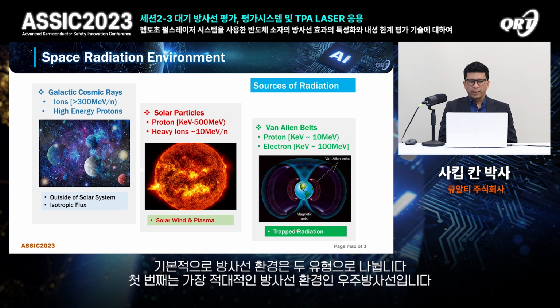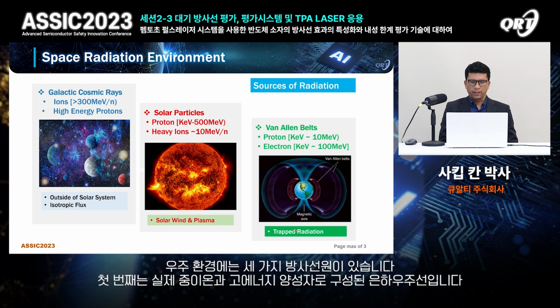So basically there are two types of radiation environment. The first one is the space radiation environment, which is the most hostile radiation environment. There are three sources of radiation in the space environment. The first one is the galactic cosmic rays, which consist of heavy ions and high energy protons.